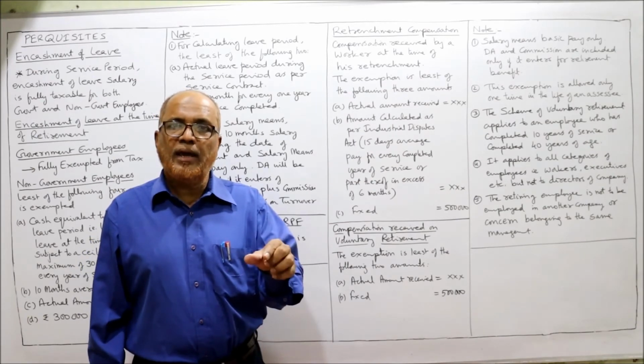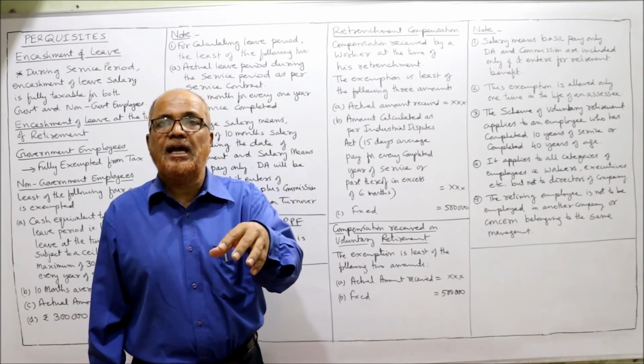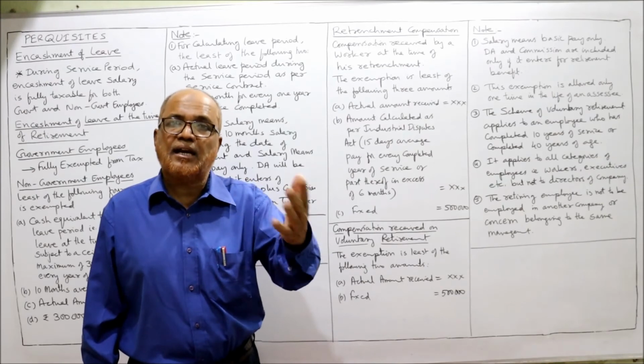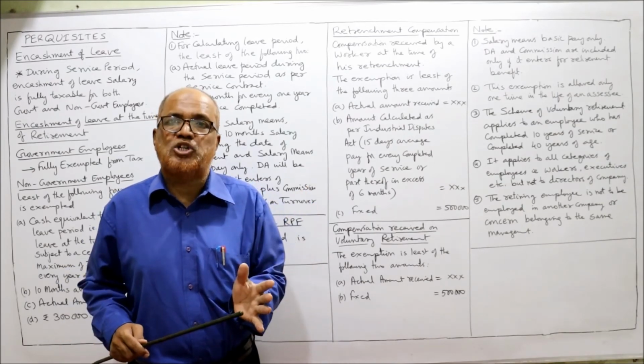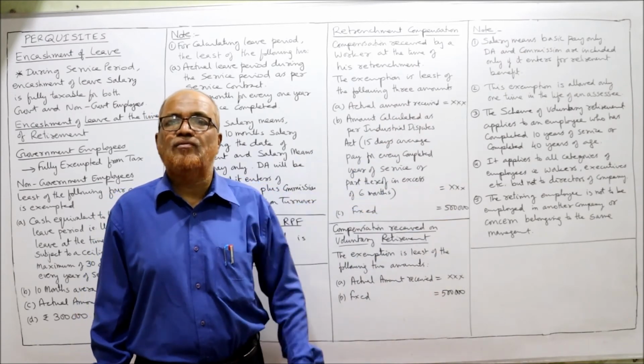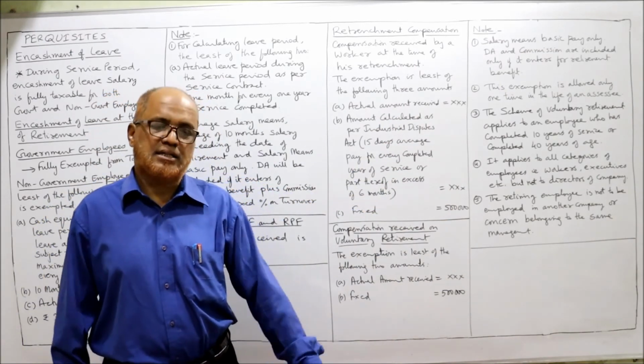That means the employee who has been given voluntary retirement should not be engaged or appointed in any other company or concern in the same management. These are the conditions for giving the exemptions on amount received on voluntary retirement.